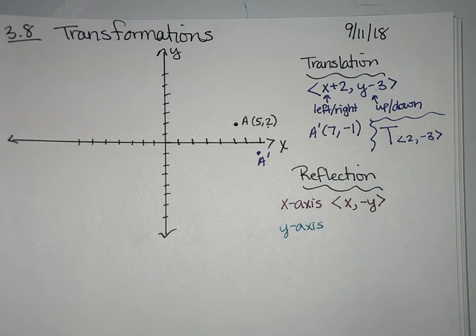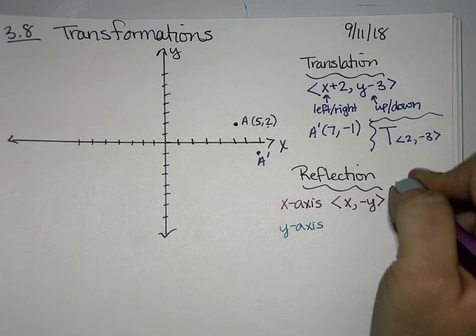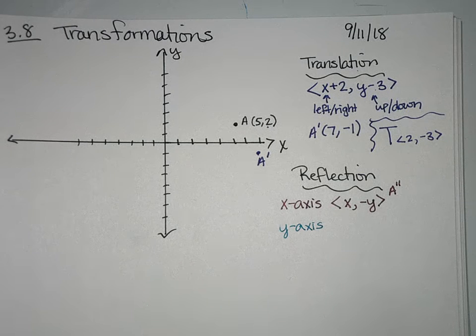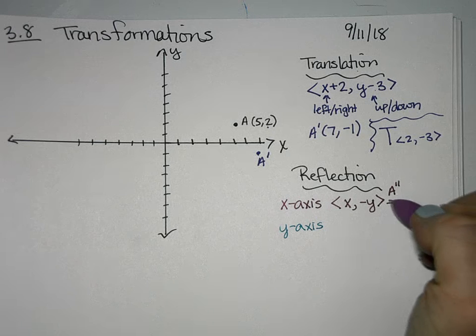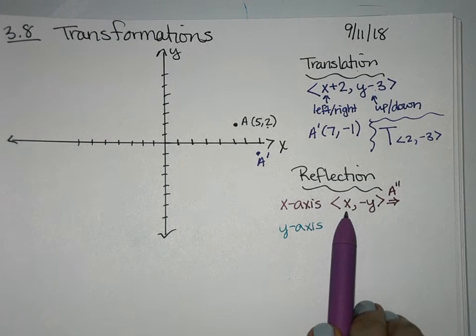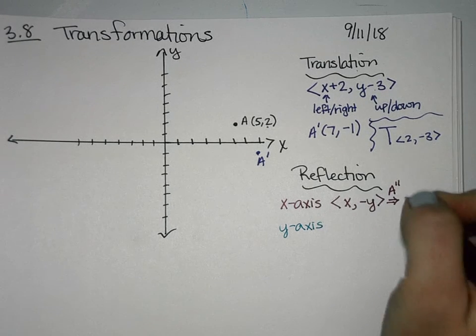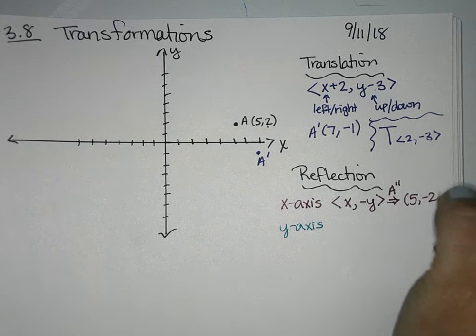What that means is we're going to keep x the same and just make y opposite. So if I wanted to figure out the reflection of my original A across the x-axis, I would take my 5, 2, keep 5 the same, make 2 negative. So this would go to the point 5, negative 2.